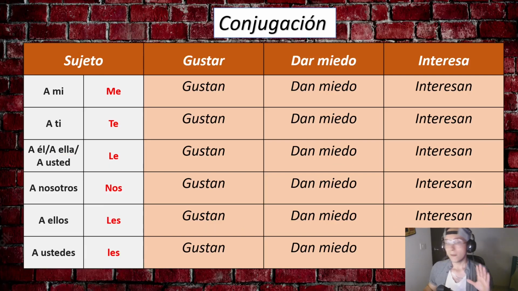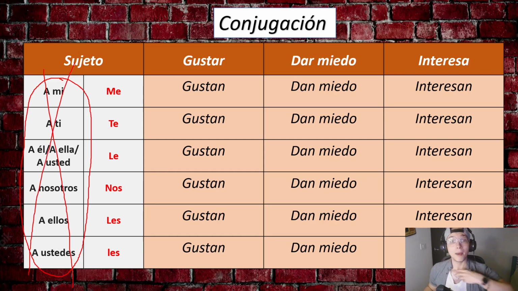Very good. Now, I want to clarify something. In Spanish, every subject has a conjugation, okay? So there's a conjugation for yo, there's a conjugation for tú, for ella, nosotros. For this reason, it's very common that we can omit the subject, because the subject is included in the verb. We can just omit it and we say me gusta, and that's I like.